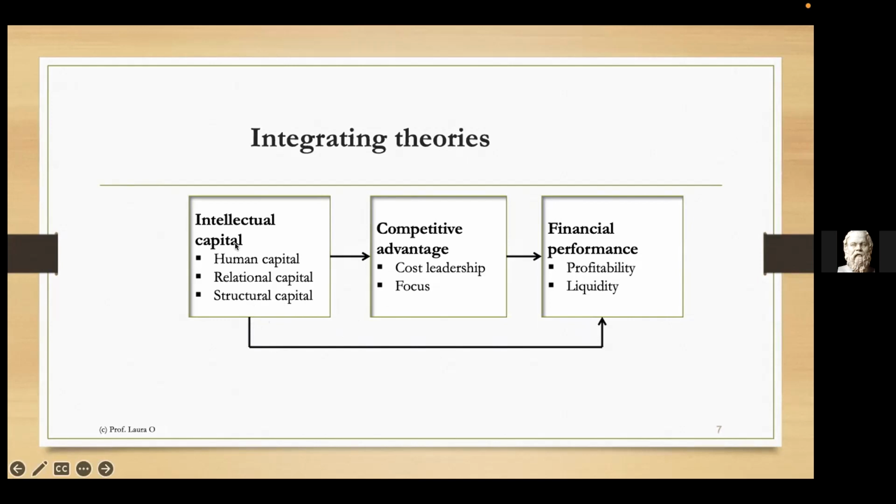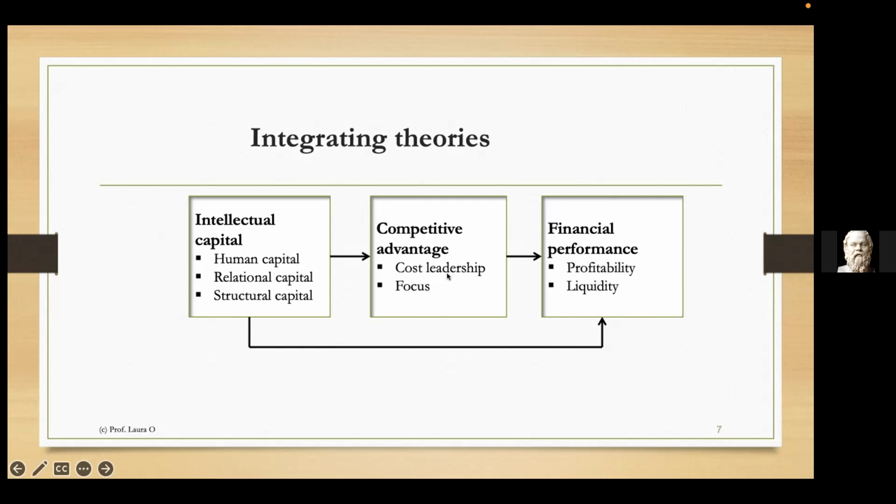Fine, from the intellectual capital theory, what does it say as far as financial performance is concerned? The what, the why, the how, the underlying assumptions. Under what condition will this relationship between intellectual capital and financial performance hold?